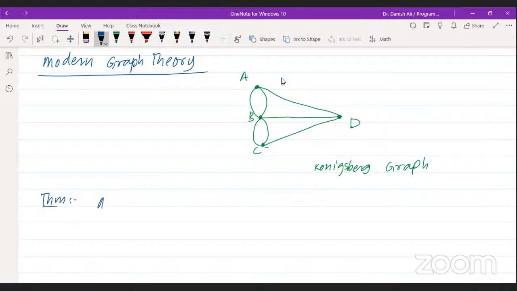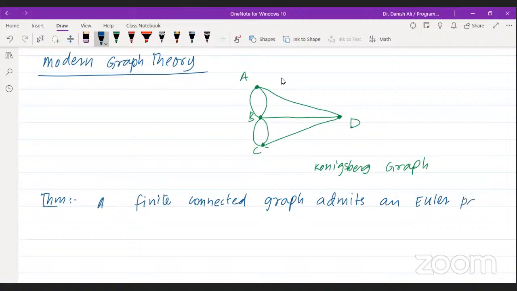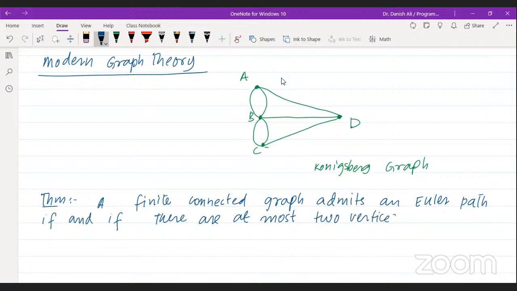The theorem says that a finite connected graph admits an Euler path if and only if there are at most two vertices with odd degree.